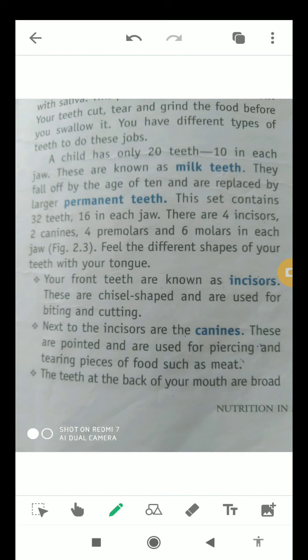So it forms 16 teeth. Feel the different shapes of your teeth with your tongue. Your front teeth are known as incisors. These are chisel shaped and are used for biting and cutting. So incisors are used for biting and cutting the food.